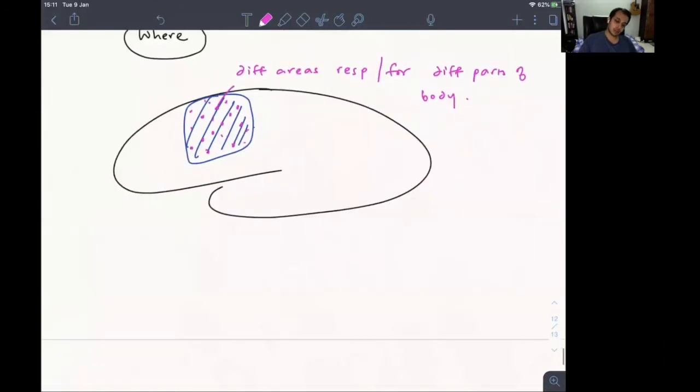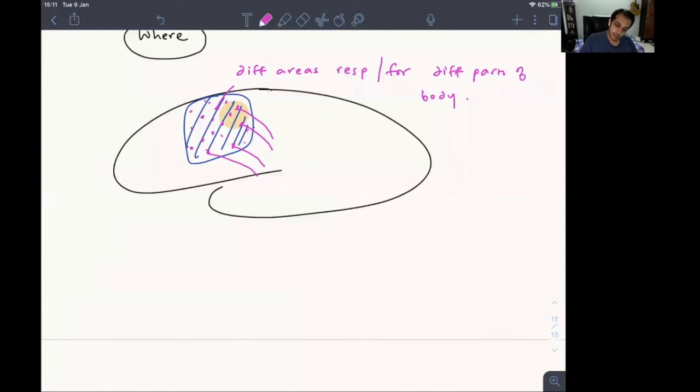So suppose there is a fiber that controls the hand, there's a fiber that controls the leg, a fiber that controls the face, fiber that controls the trunk. So when it's leaving from the motor cortex, the fibers are all spread out. So if there is one lesion here, say it is a lesion of 1 centimeter in diameter, that will most likely cause a small lesion, because there will only be a few fibers that are involved.